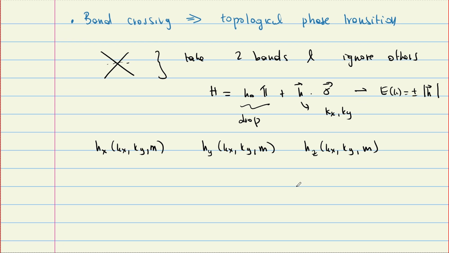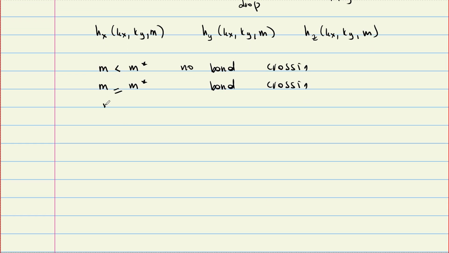Now this M is the additional tuning parameter where we can picture, if M is less than M star, no band crossing, and if M is equal to M star, band crossing, and if M is bigger than M star, again no band crossing. And the picture is something like that. So for M less than this tuning parameter, you have these bands.